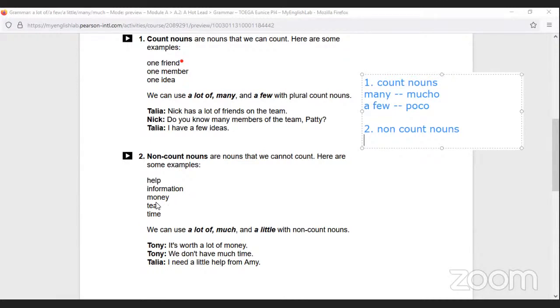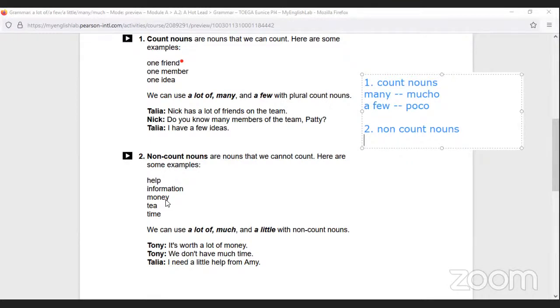Just in case, for example, these two words, money and time, if we use the varieties of these words, of course we could count. For example, if I talk about bees or dollars or cents, 5 cents, 10 cents, $2, in that case I can count because I'm not using the word money.